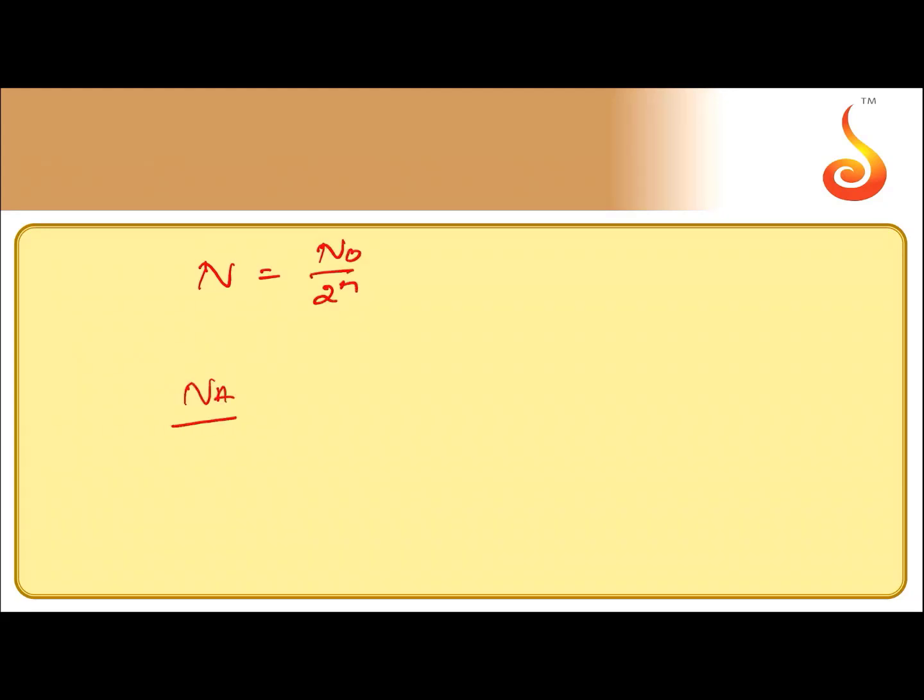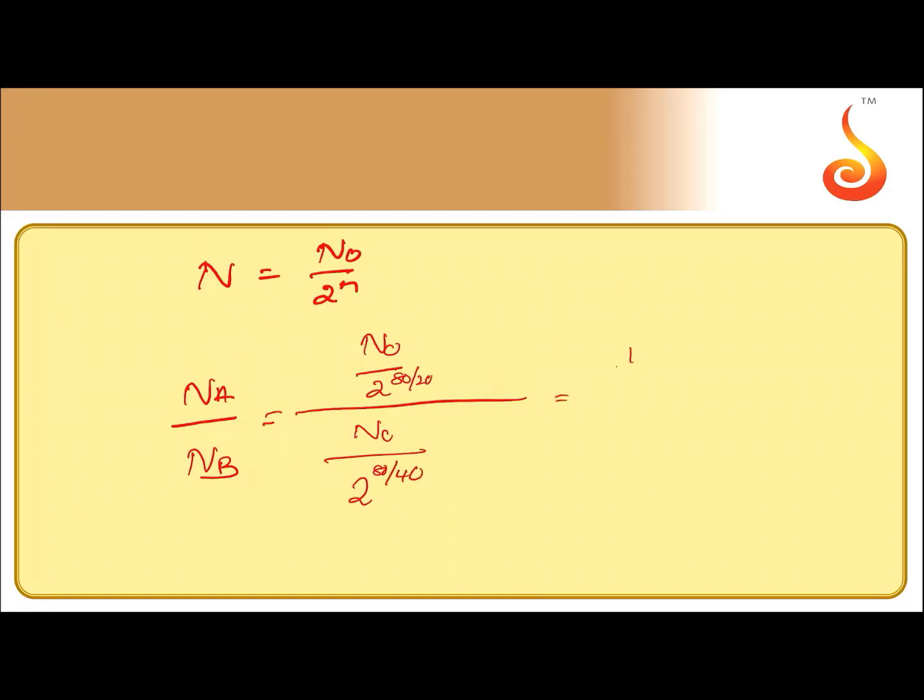Therefore, Na divided by Nb is equal to N naught divided by 2 to the power of 80 divided by 20, whole divided by N naught divided by 2 to the power of 80 divided by 40.